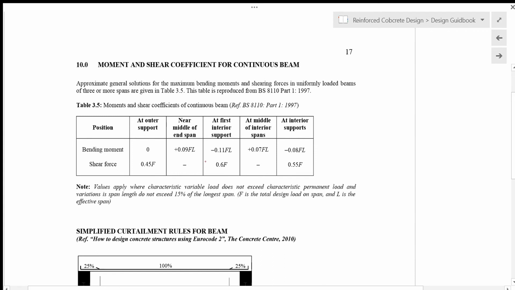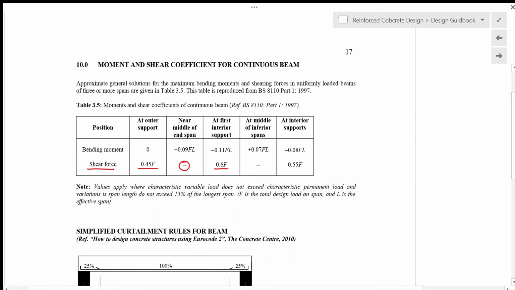First we look at shear force. The shear force at the outer support is 0.45 times F, where F is the total force on the end span. Near the middle of the end span, there is no shear force, it's almost zero. At first interior support it is 0.6 times the total force on the end span.